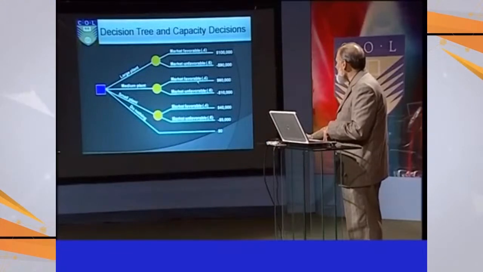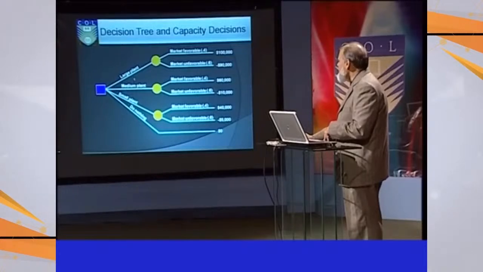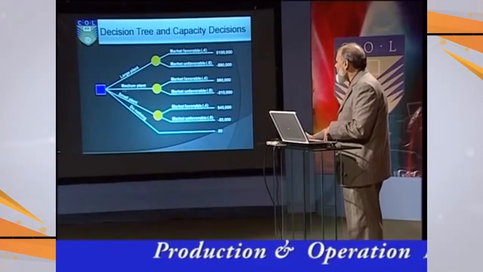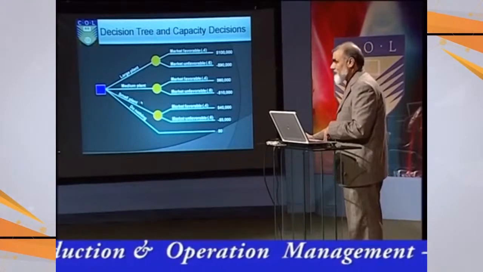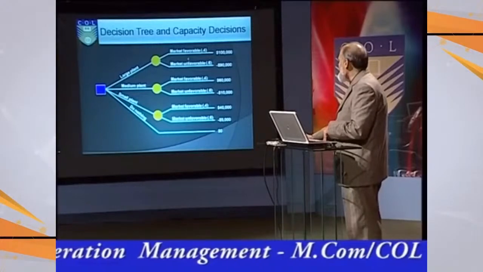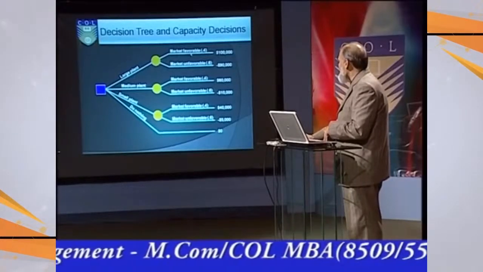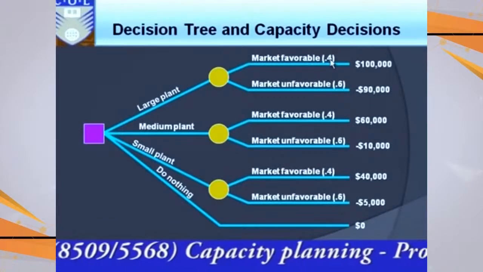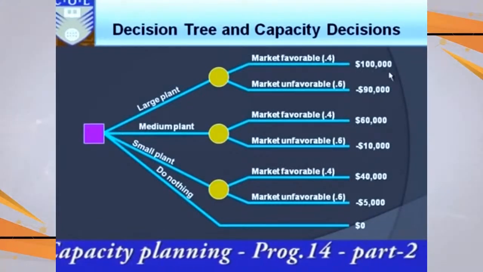And again, market favorable for medium plant, unfavorable for medium plant, favorable, unfavorable. It means the probability of the market being favorable and unfavorable for each of the 3 or 4 alternates is the same. Let's say if we install a large plant and the market is favorable, our revenues are 100,000.